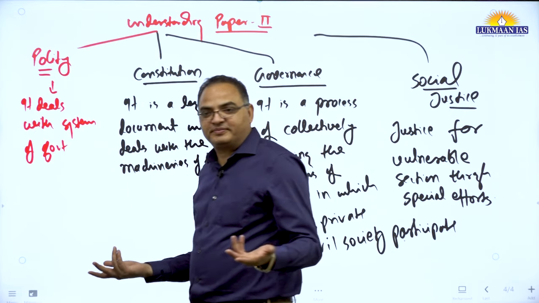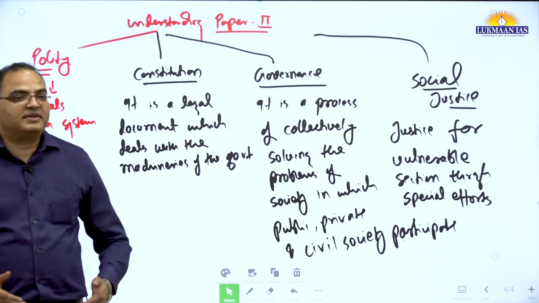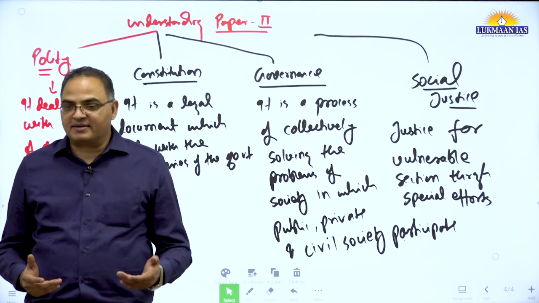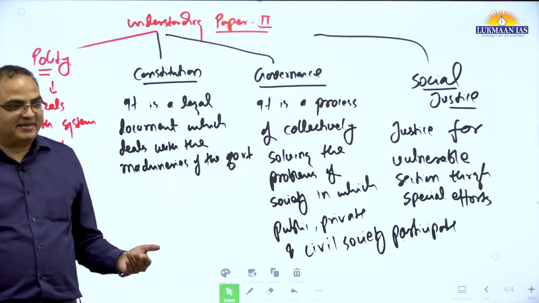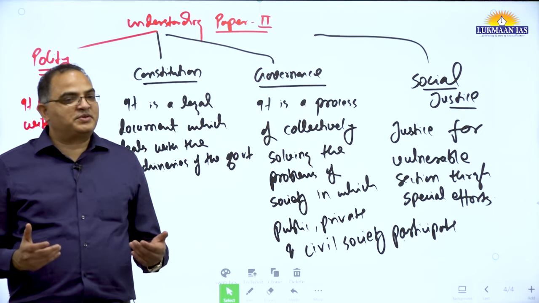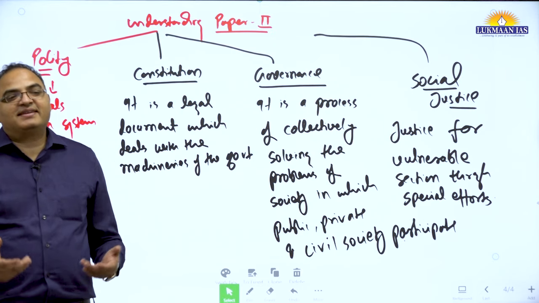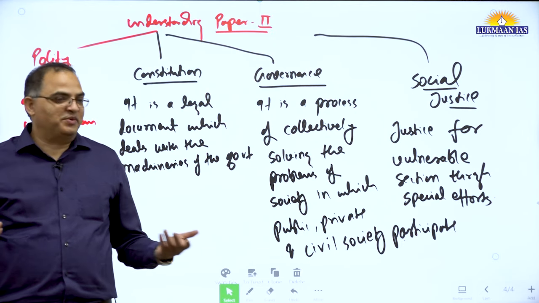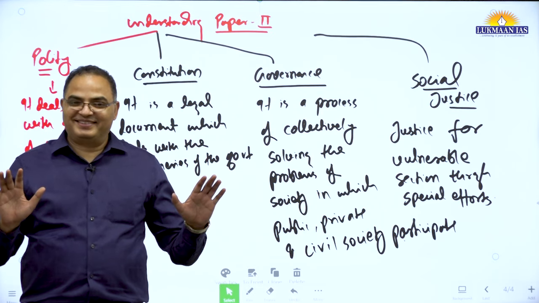A country is better not because it has sent missions to Mars, but because of how people live life. If a country is able to ensure people a dignified life, then that country is considered a good country.